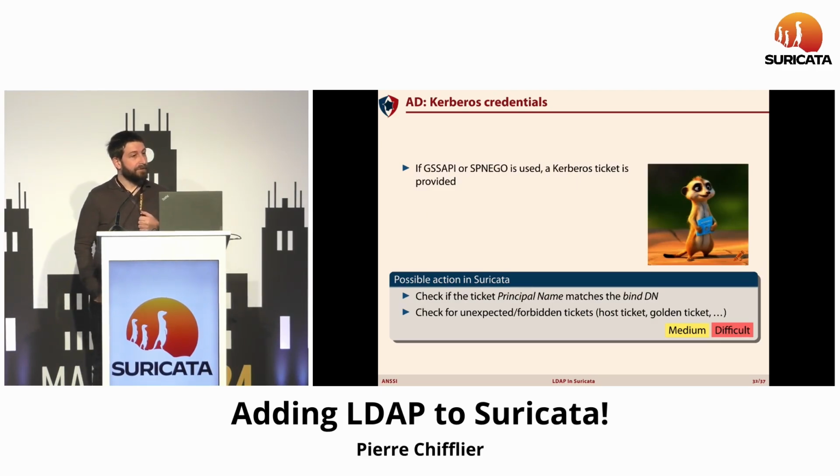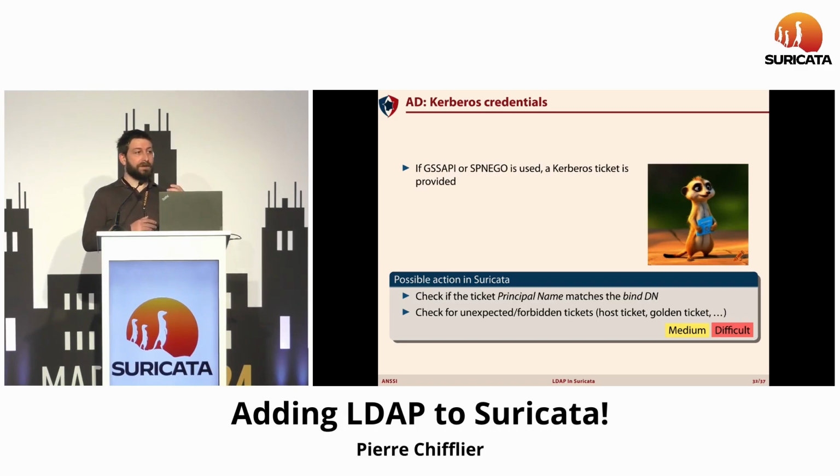Kerberos ticket. A Kerberos ticket provides much information about the user. As I said, in Active Directory, the authentication is based on Kerberos. So in LDAP, you will have the Kerberos ticket provided at some moment.